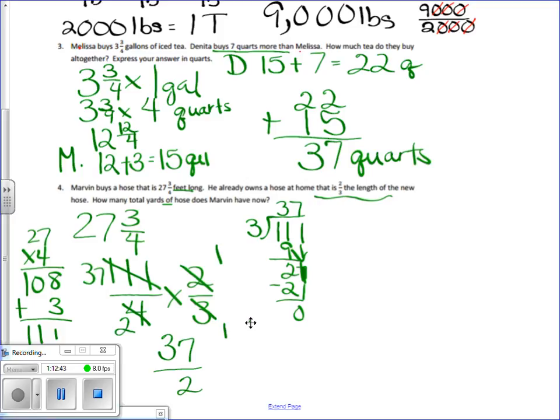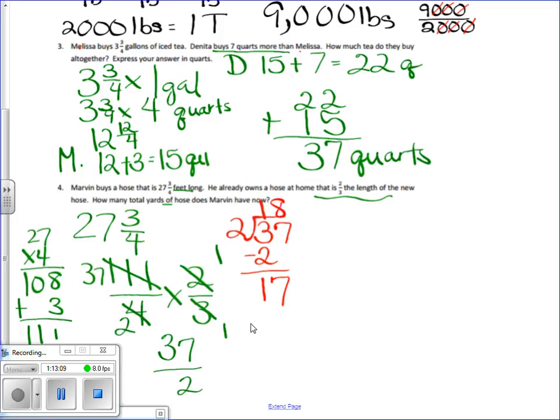So 37 over 2, now that's improper. 2 into 37. 2 can go into 3 one time. 2 into 17 8 times.